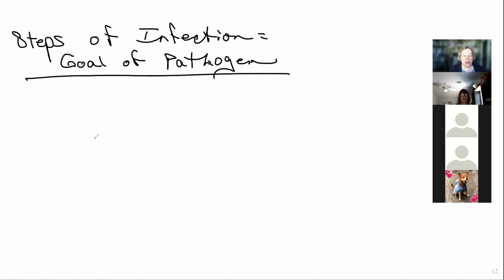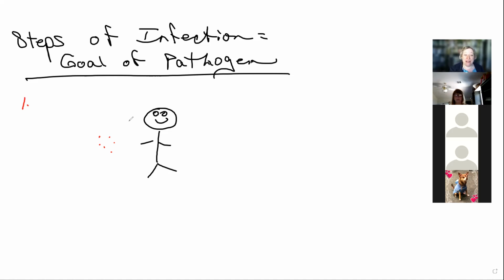Okay, so let's go ahead and get our host here. They're happy because they're not sick yet. And then we have the evil pathogen. We're just going to randomly put them floating out here. So what is the first goal? What's the first thing that this nasty evil pathogen has to do? Attach.